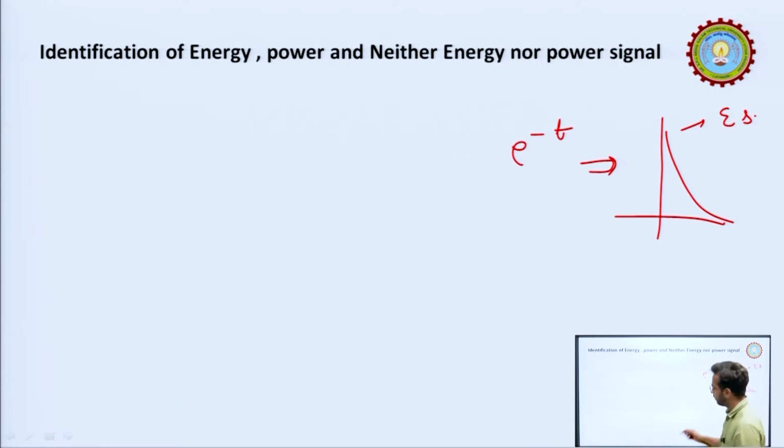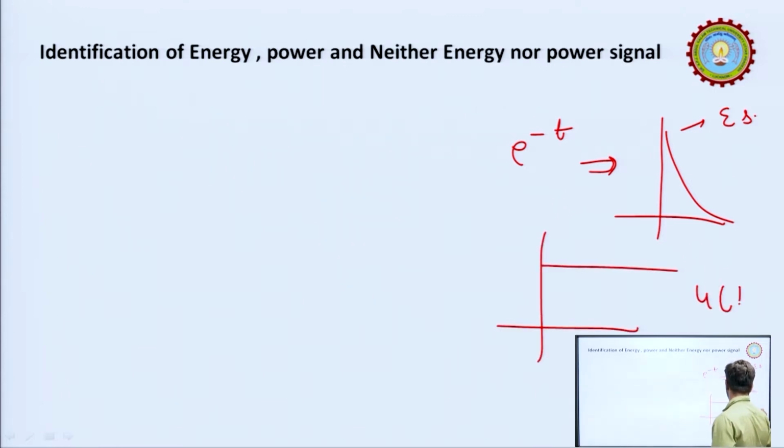Now take another example, u(t), the unit step signal. The signal exists for infinite duration, but it is not decaying, and at no time does it have infinite magnitude, so it will be in the category of power signal.